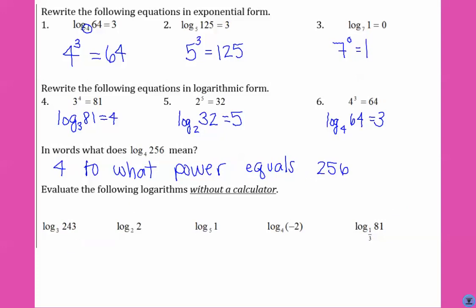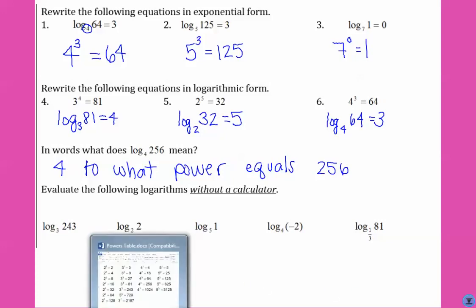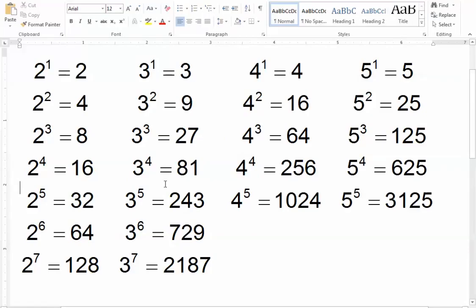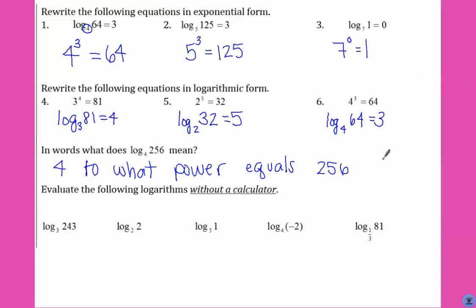So this is where your power sheet can come in handy. So hopefully you still have your power sheet. Let's take a look here. 4 to what power gives us 256? That would be 4. So we could say log base 4 of 256 is equal to 4.